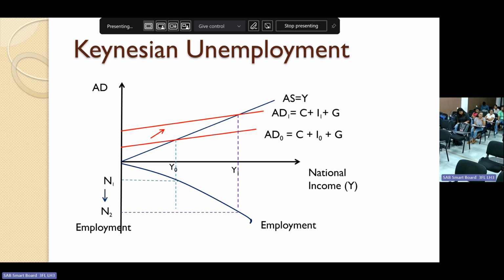Now we can look at the AD-AS model, also the Keynesian cross, and we can use it for employment. There is an expansion of output that creates more employment opportunities. That will happen due to rising aggregate demand. That explains Keynesian unemployment.